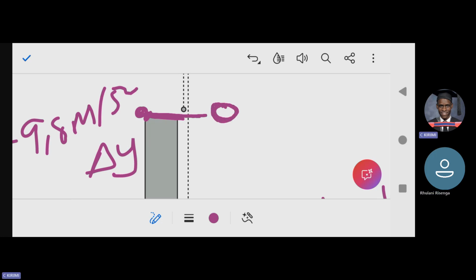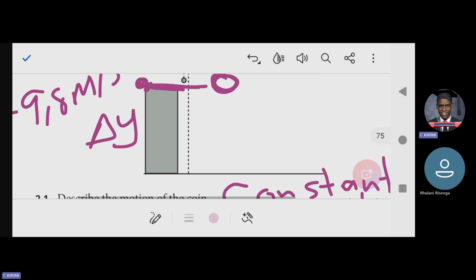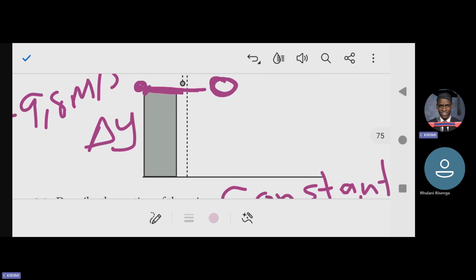So if you get a negative, it means that the distance they are talking about is below the reference point. So the 51 that you are calculating is the height of the building, negative 51 meters.